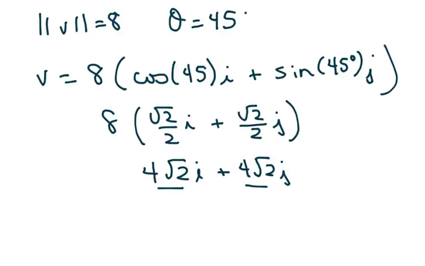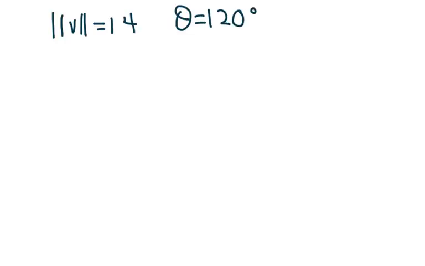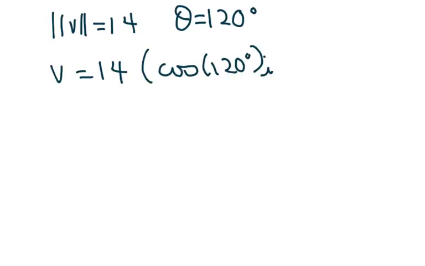And we can do one more. The magnitude is 14, and our theta, or angle, is 120 degrees. So we get 14 times cosine of 120 degrees i plus sine of 120 degrees j.